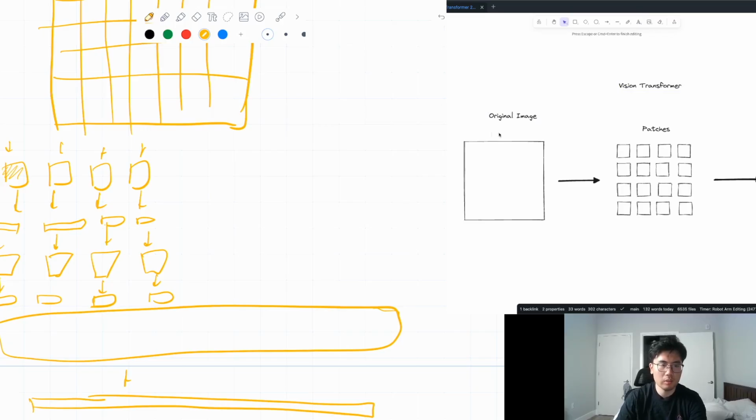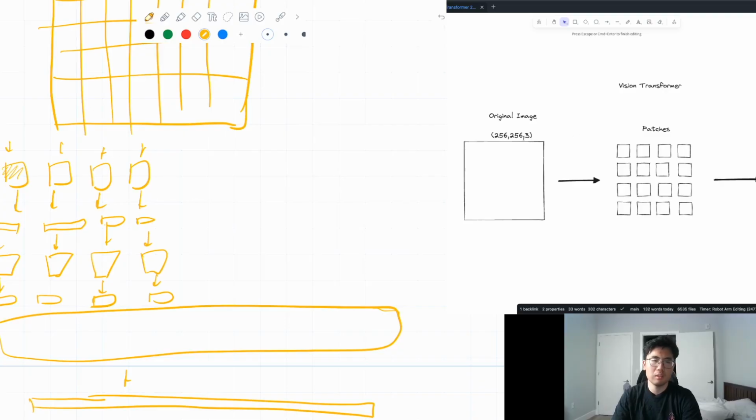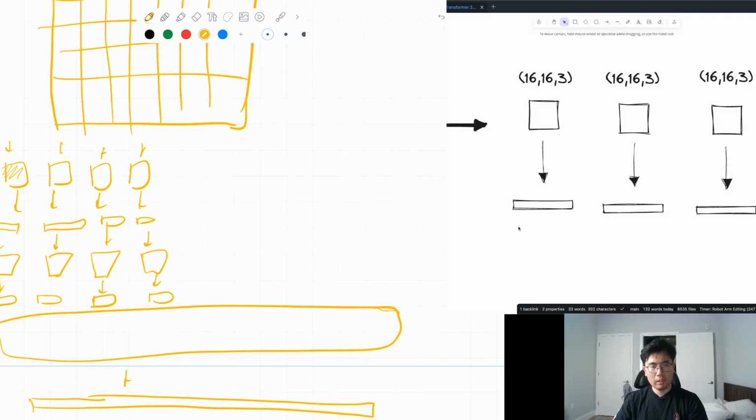So let's say the original image is 64 by 64 by 3. Cut it into 4 patches. Each of them is 16 by 16 by 3. And so you end up with 768 by 1.